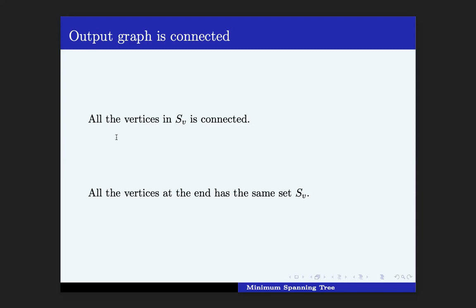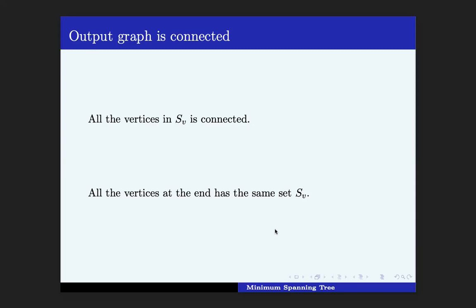And you can prove that at the end, every vertex will have been produced in the same set. Now, I am going to skip this proof here. I let you go and think about how to prove formally that the graph is connected at the end.